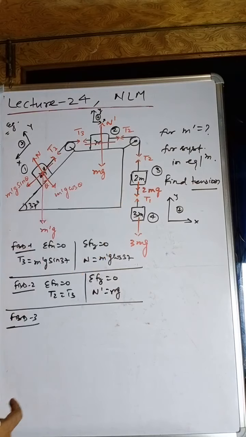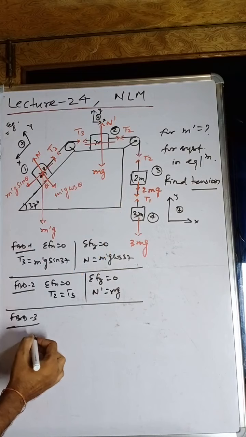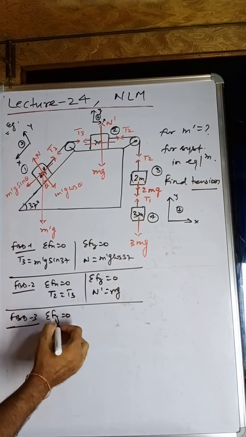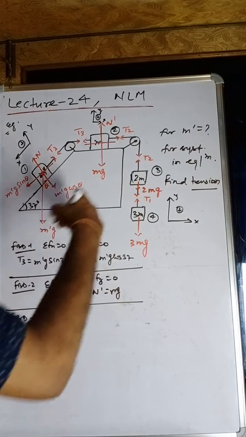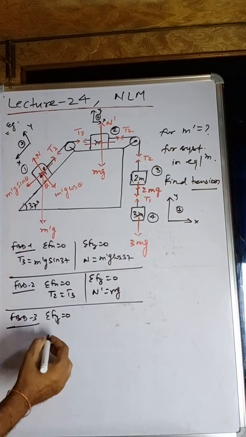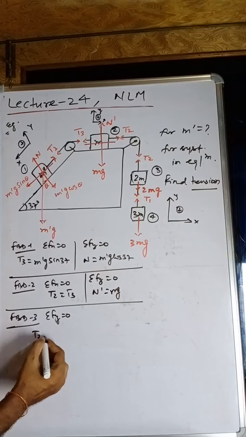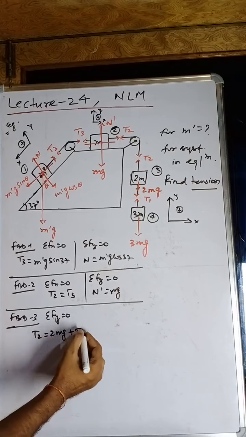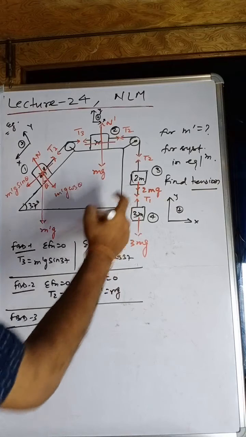For 3 you can write T2, sigma Fx equals to, sorry, the Fy, we don't have any force over the x-axis. Here the Fy, T2 is balanced by twice mg plus T1. Okay, you can see.